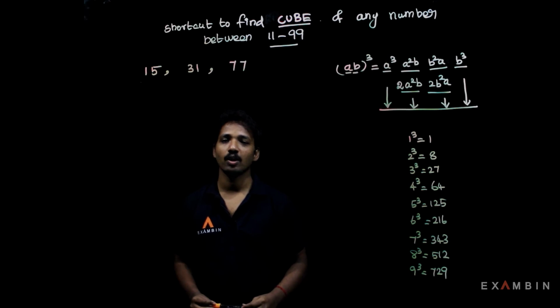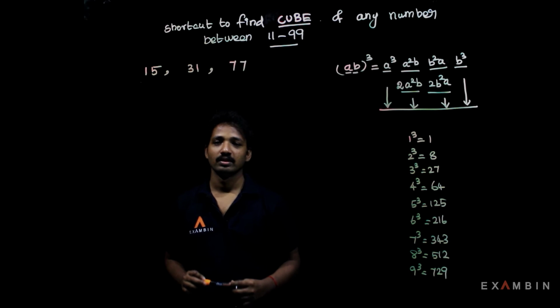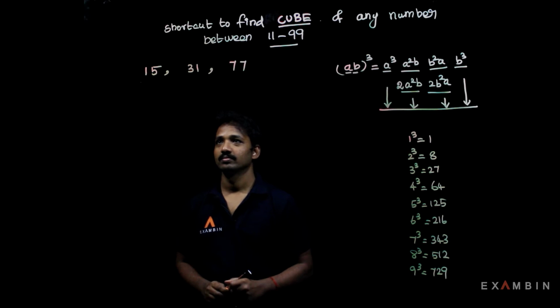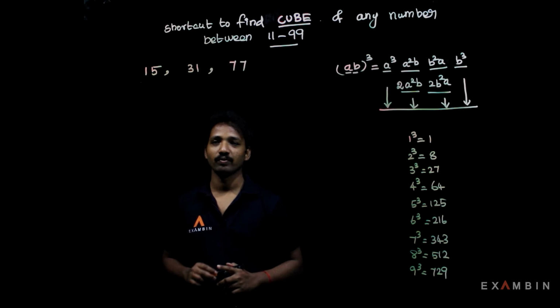Friends, now we will see how to find the cube value for any number between 11 to 99 using this shortcut method. First we will take some 3 random numbers between 11 to 99. I am taking 15, 31, 77 in this case. First we will find the cube value for 15.